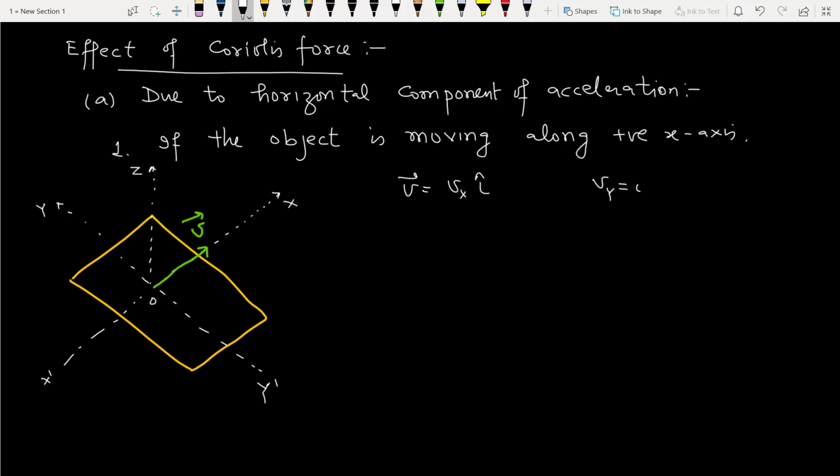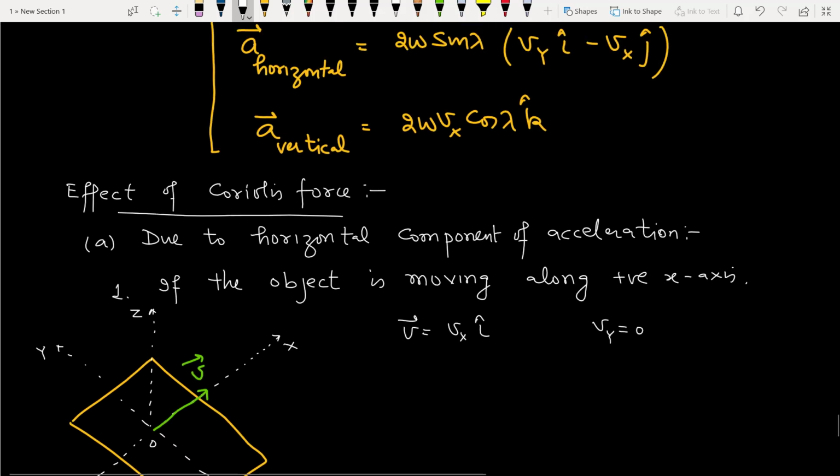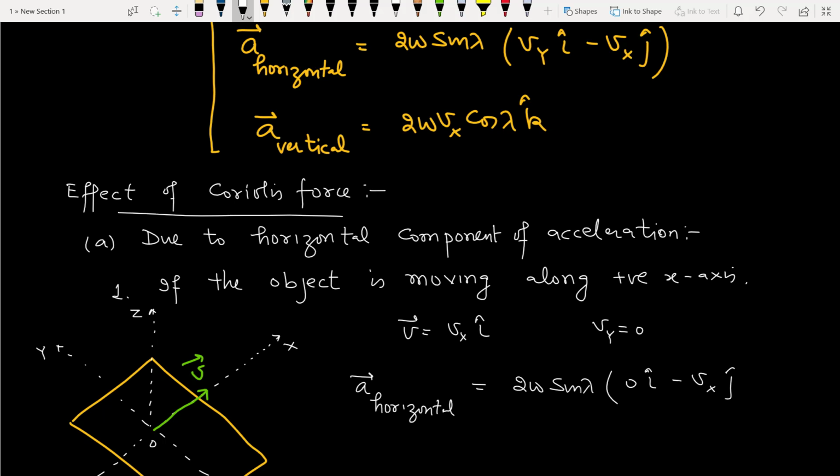The y component will be 0, and if the y component is 0, then the acceleration in the horizontal direction will be equal to 2 omega sine lambda (0 i cap minus Vx j cap).